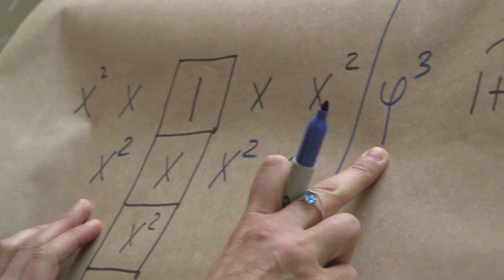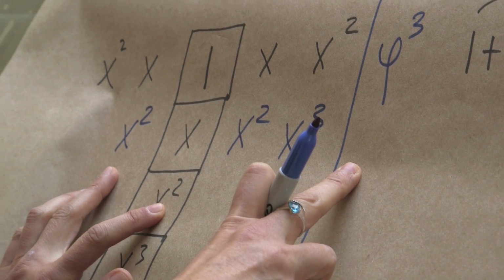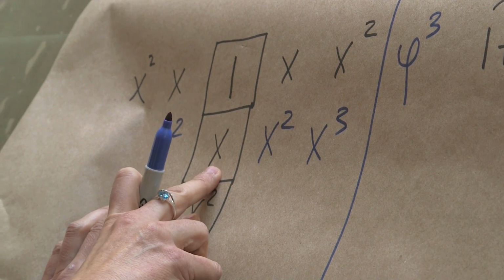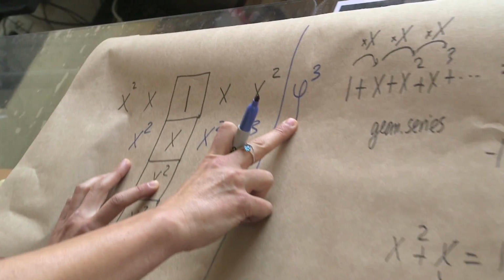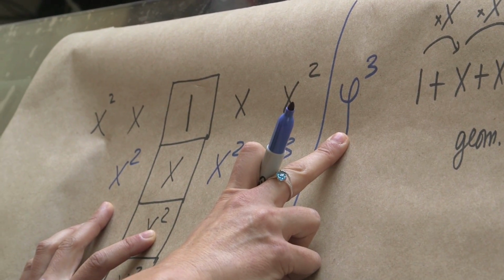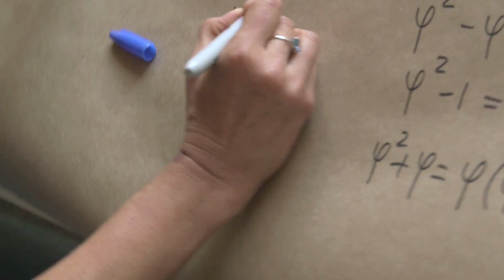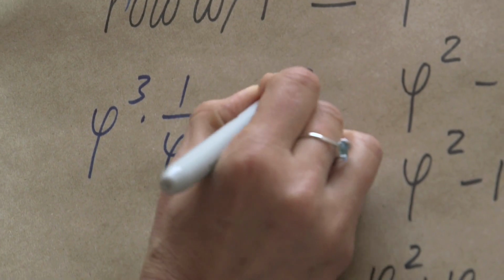So the sum that we got before must also be multiplied by x. But what was x? x, our mysterious number, was the reciprocal of the golden ratio. So what happens if I multiply phi cubed by 1 over phi? Let's see. Phi cubed times 1 over phi is phi squared.